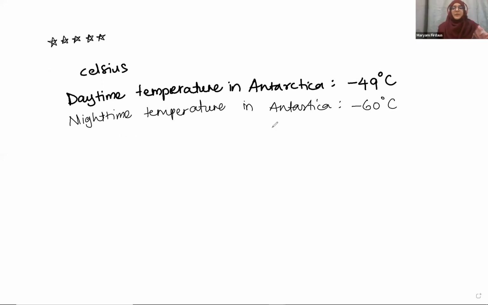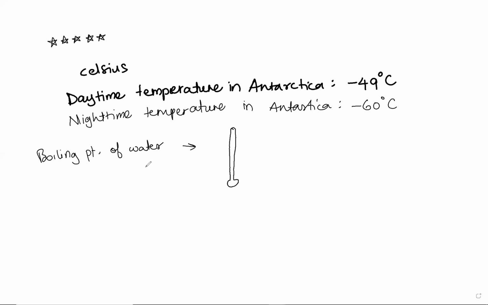Hiba, can you tell me what is the boiling point of water? What does this mean? We have a thermometer, right? It looks like this. Have you ever measured your temperature, Hiba? You use a thermometer to measure temperature.